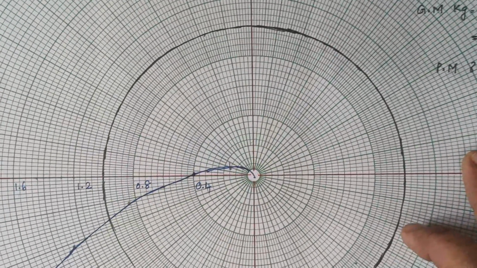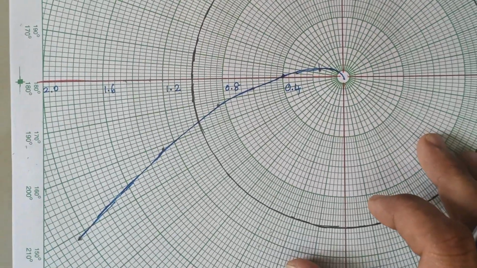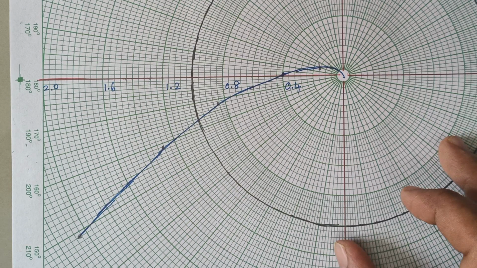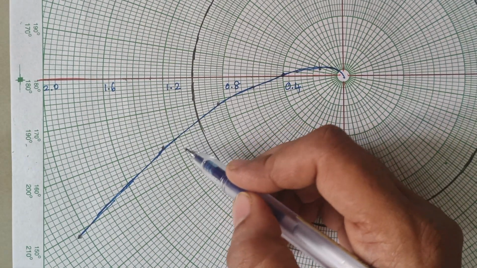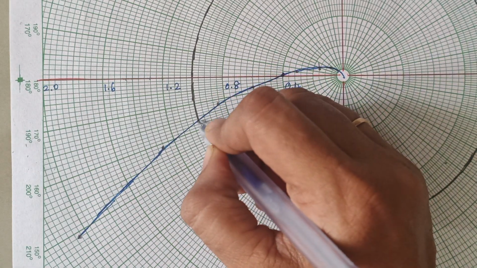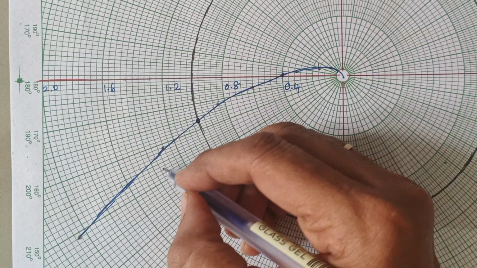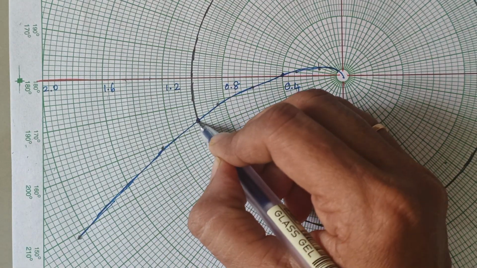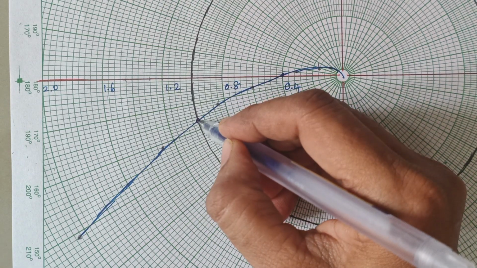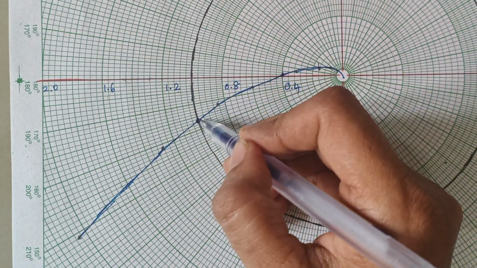Then we are going to calculate the phase margin. How to calculate the phase margin? The phase margin is calculated at the intersecting point of our polar plot with the unity circle. You see here, this is our intersecting point. At this point, find out exactly what the angle is.